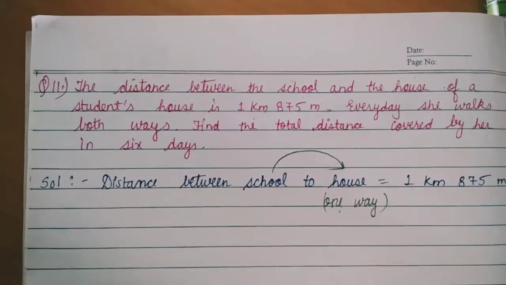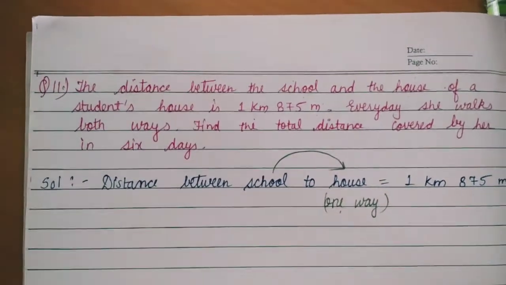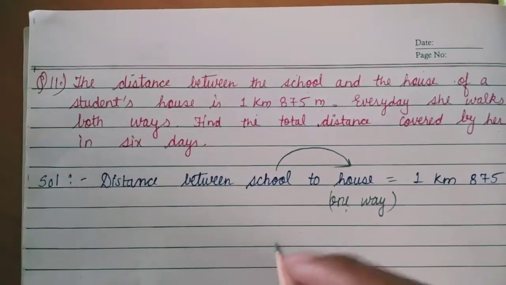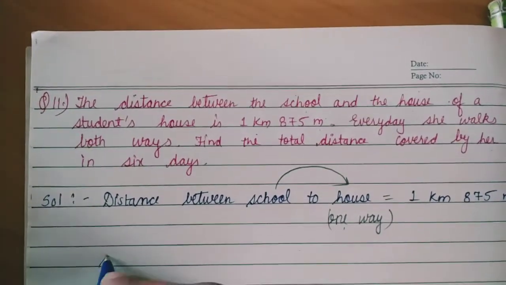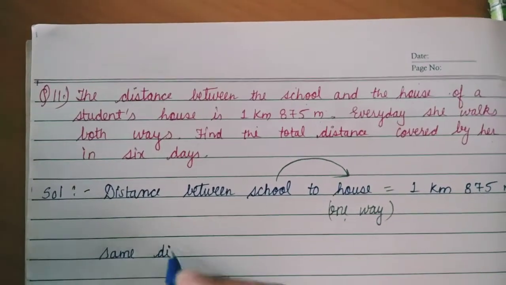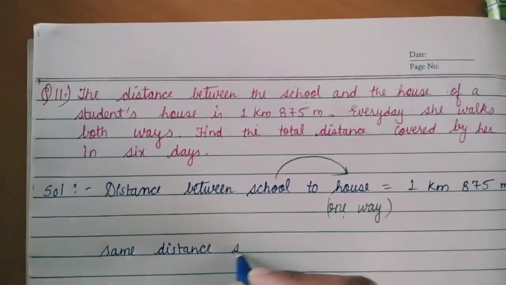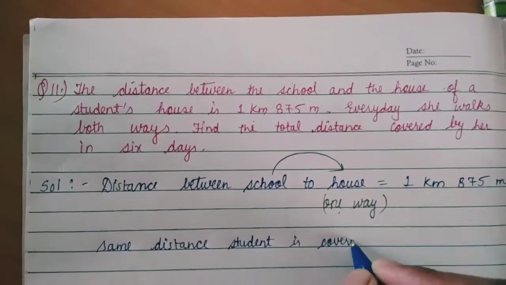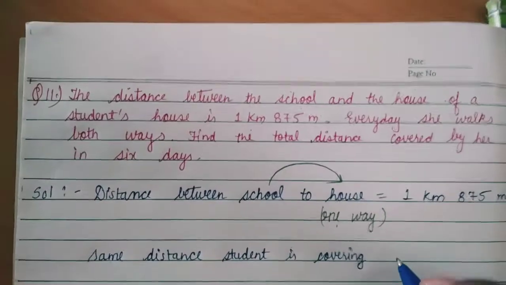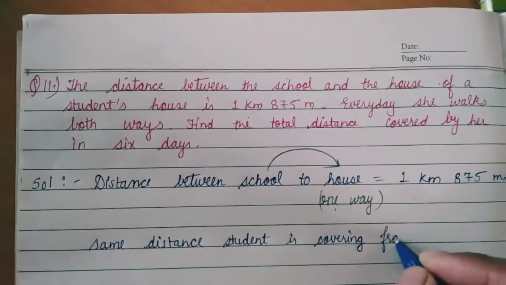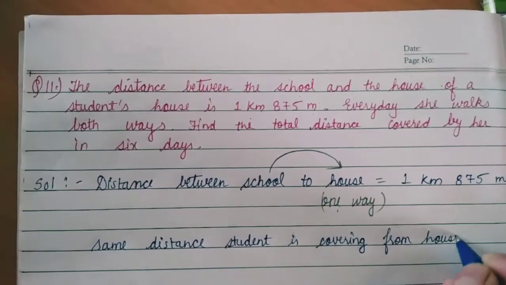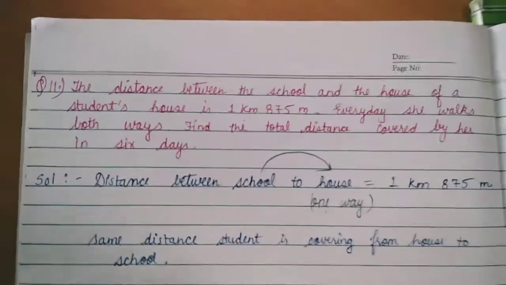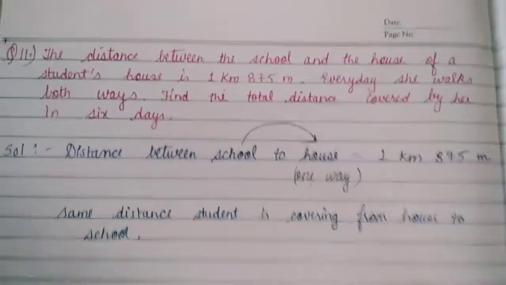Once again, for the second way, when the student is moving from house to school, the student is covering the same distance.